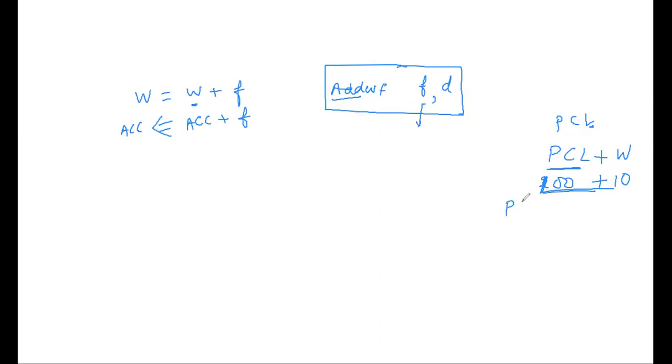So I can write PCL is equal to PCL plus W. So what is PCL? PCL is destination. So I can write add WF where F is your PCL and D is the direction. You can set the direction as 0 or 1. So this 0 and 1 will allow you to change this destination. Either this will become the destination or you can make this as destination.